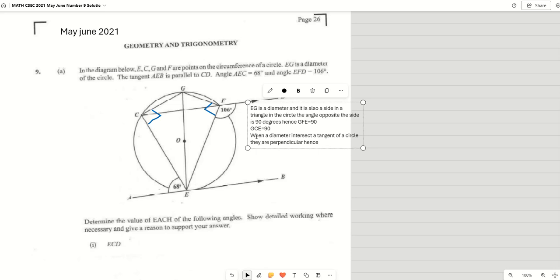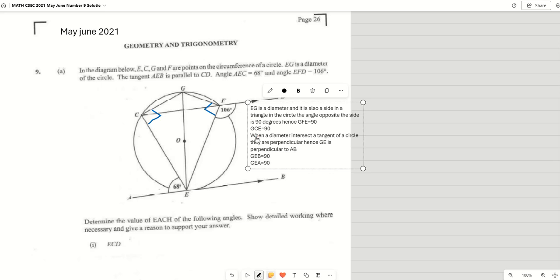Hence, GE is perpendicular to AB. From that, we can say that angle GEB is equal to 90 degrees, and angle GEA is also equal to 90.